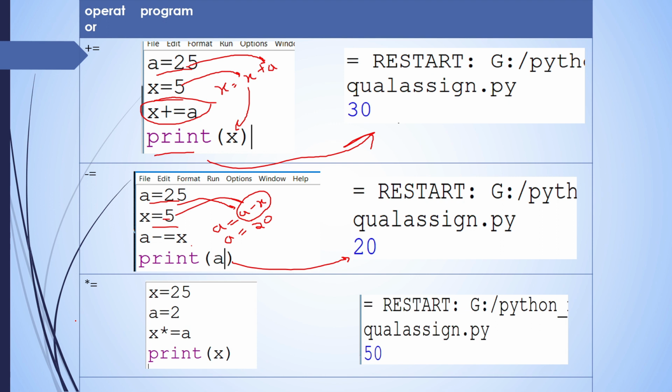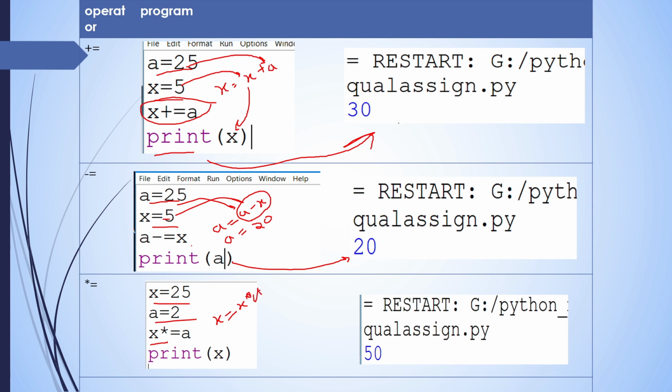Product equals to, that means assigning a product expression. x is equals to 25, a is equals to 2, x star is equals to a, x is equals to x star a.